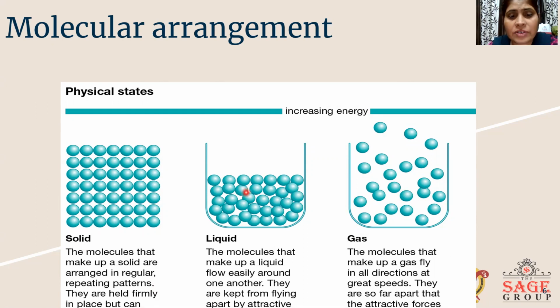If the liquid is placed in a container, it will take the shape of the container. So inside a solid, very tightly coupled molecules are present. Inside a liquid, loosely coupled molecules are present, but not as loose as in gas. The coupling of these molecules is loose as compared to the solid.